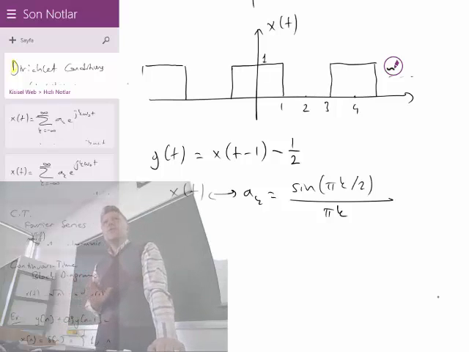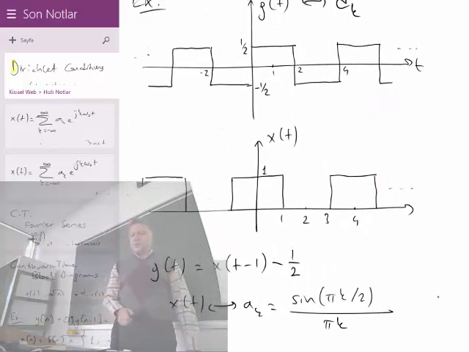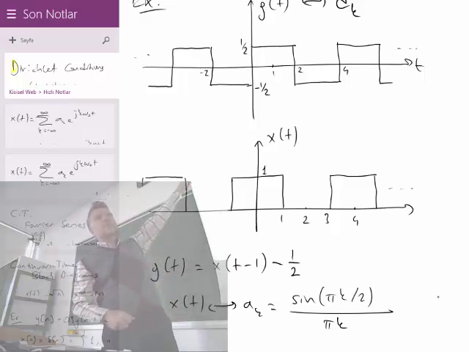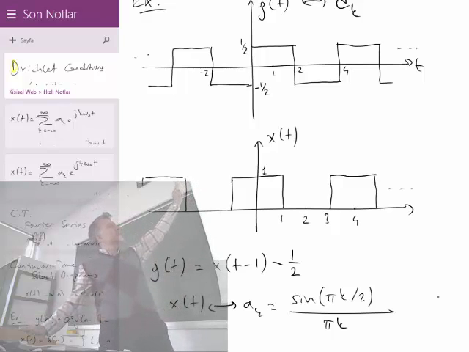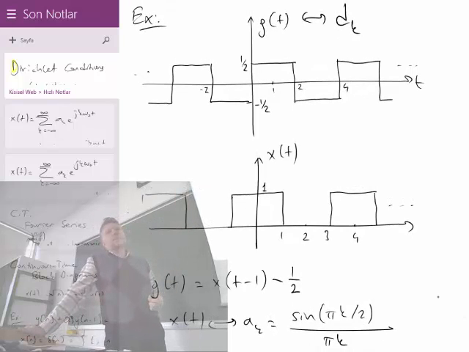But we won't need to consider the case k equal to 0, because you don't need to evaluate the zeroth Fourier series coefficient of the top figure.